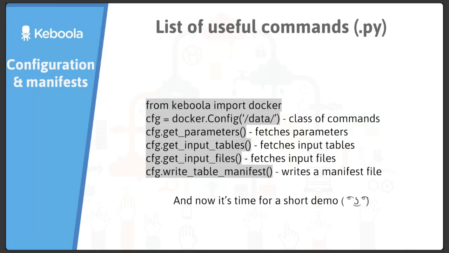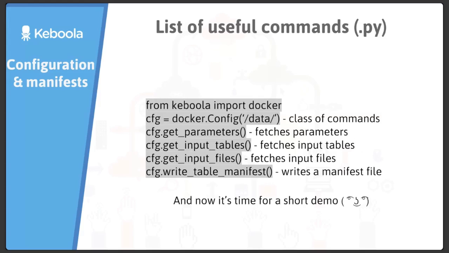This one reads the config.json file and fetches the parameters. The output is a dictionary, which can then be subsetted. Then we have get input tables, which is a list of tables with their full path to the target folder. Then we have input files, the same thing as tables but with files. And then we have write table manifest, which writes a manifest file, which we will use in this demo.